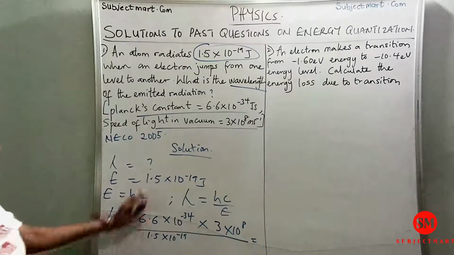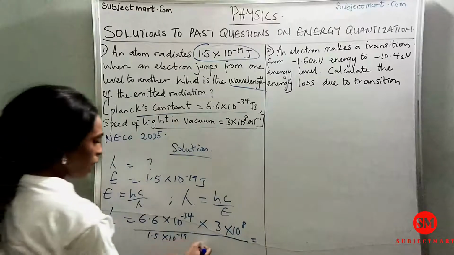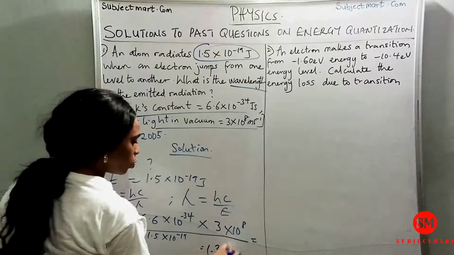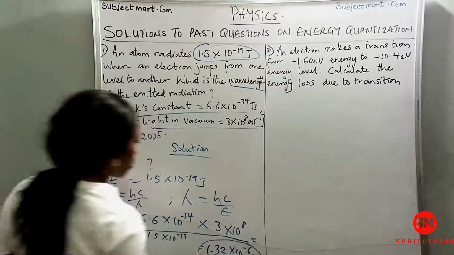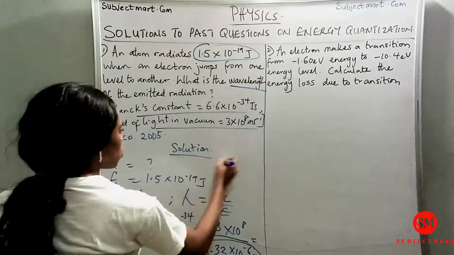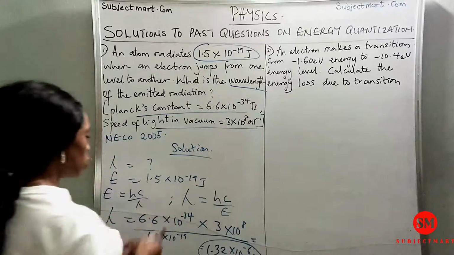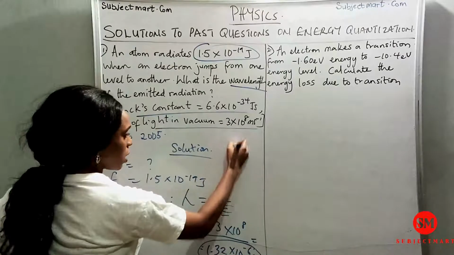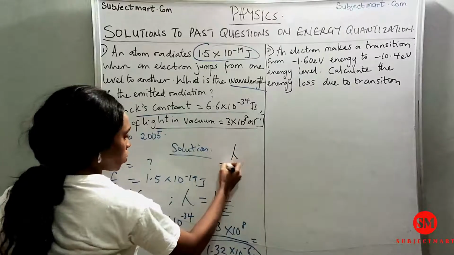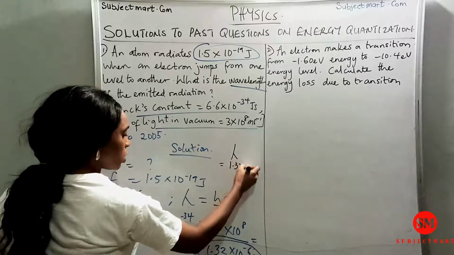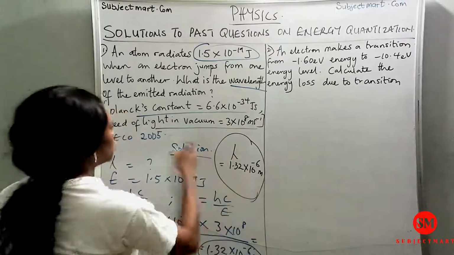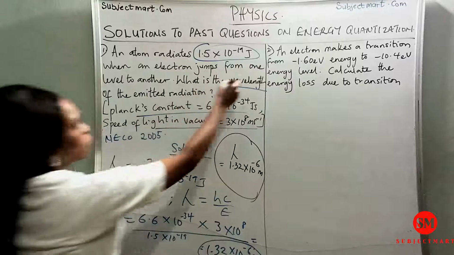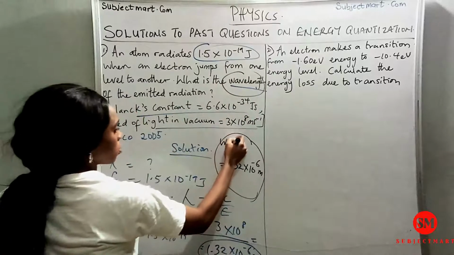Okay, so by the time we've multiplied this, we have 1.32 times 10 raised to the power minus 6 meters as our wavelength. So wavelength is equal to 1.32 times 10 raised to the power minus 6 meters, which is the required wavelength.